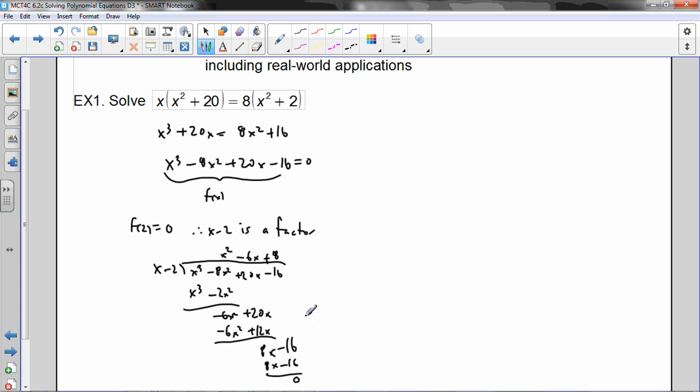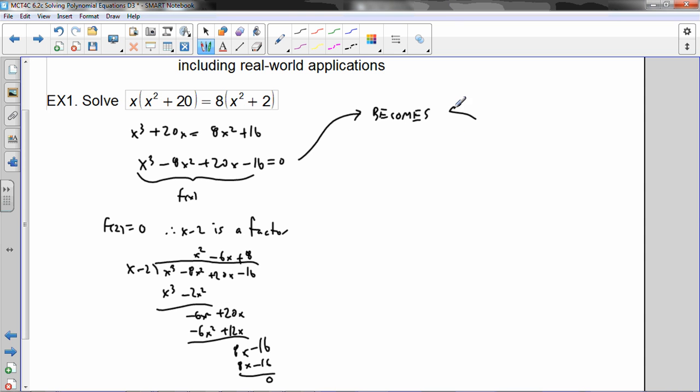Doesn't seem like there's anything interesting about this one compared to the last one, but let's just keep going. So what does this say? It says this becomes x minus 2 times x squared minus 6x plus 8 equals 0.